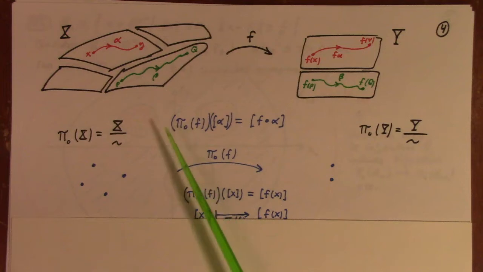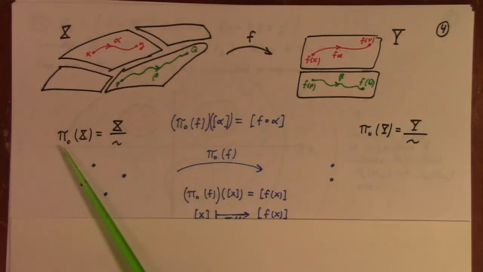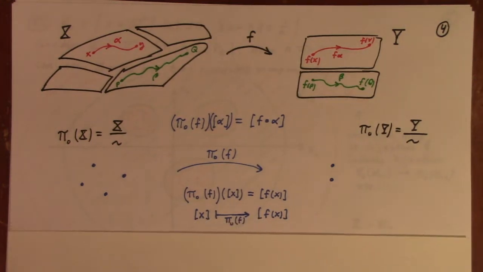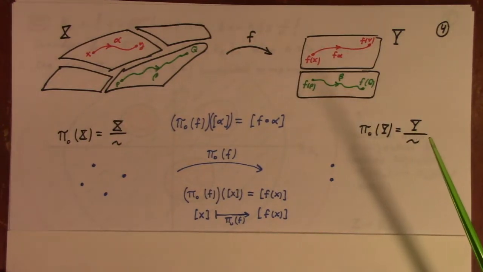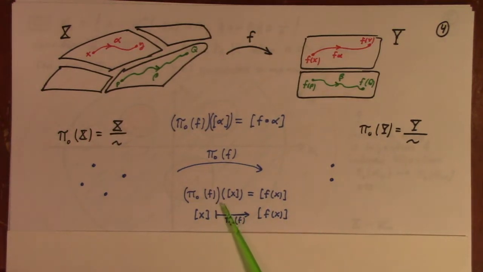So pi 0 is being used in 2 rather different ways, and this ties into his larger discussion of category theory in section 10.4, because pi 0 is actually what's called a functor. More on that in a second here. So this is how pi sub 0 of F works. It takes in the equivalence class of x and maps it to the path equivalence class of its image f of x.